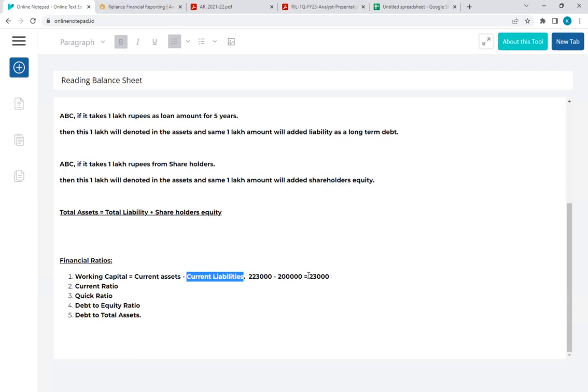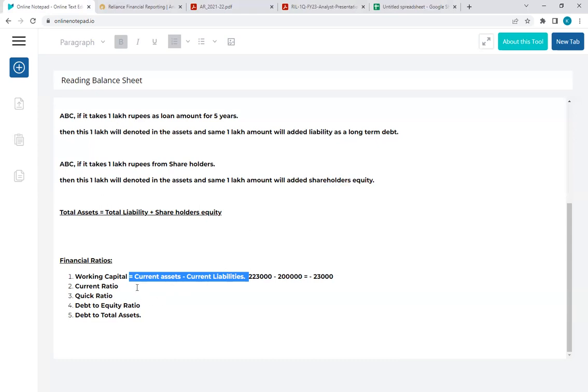In case it is negative, then this will be a big problem for the company because they are unable to pay the liabilities, as assets are lesser than the liabilities. So this is one ratio which finds out the ability of the company to pay the current liabilities immediately and easily.